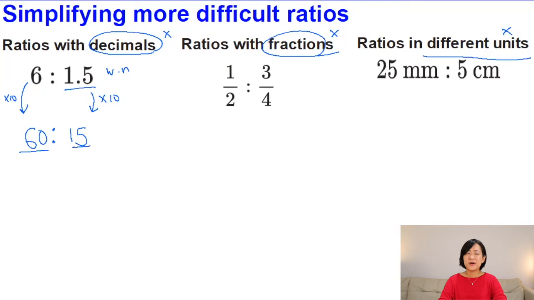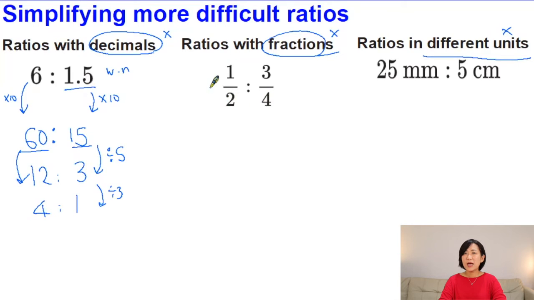Then you can simplify the numbers. Divide both parts by 5, and you get 12 to 3. Then you need to simplify until you can't simplify anymore. Divide by 3, so you have 4 to 1. Then how about a ratio with fractions?